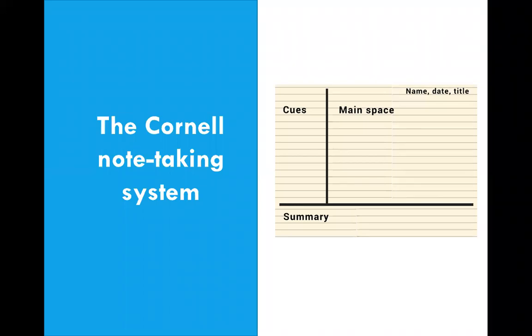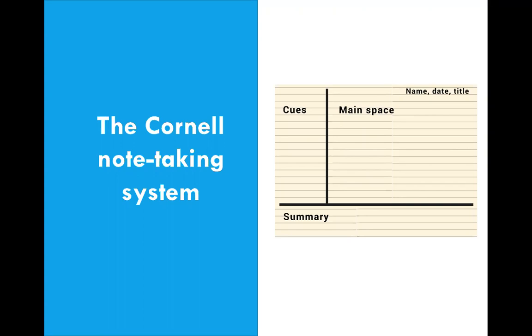Before you record, please divide your piece of paper into 3 sections, as the picture shows. And during the lecture or as you read, keep notes in the main space. Each time there is a new main point, skip a few lines.